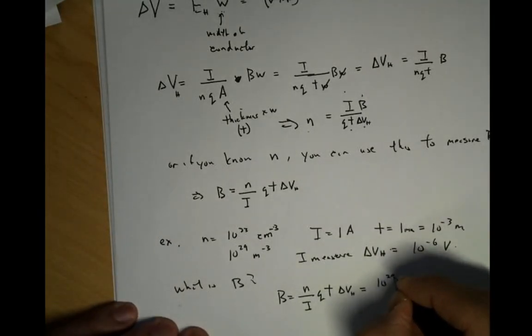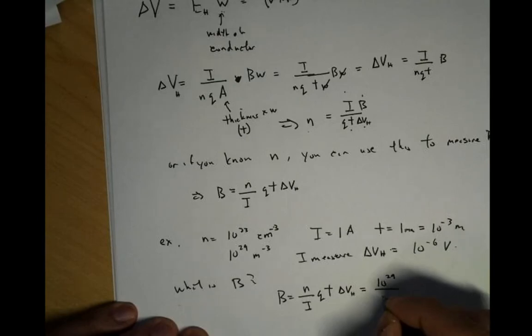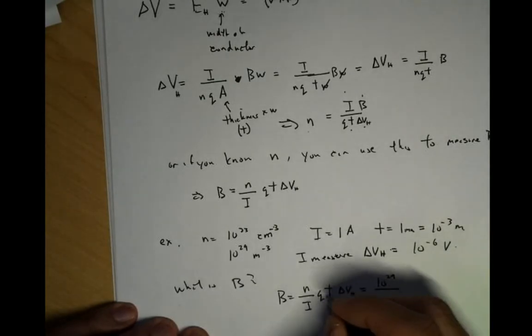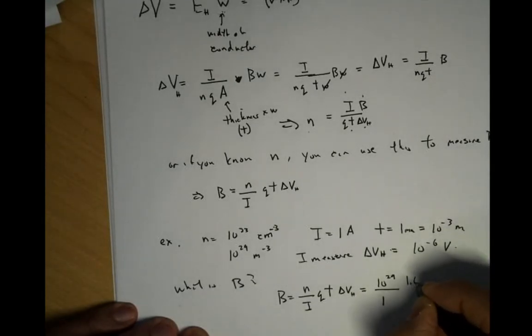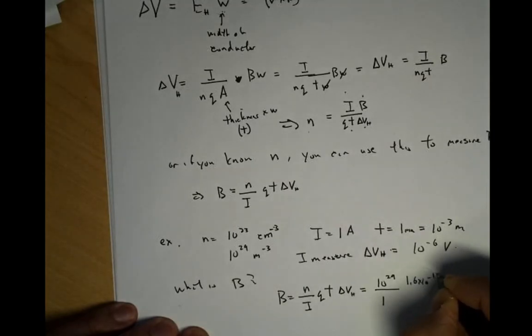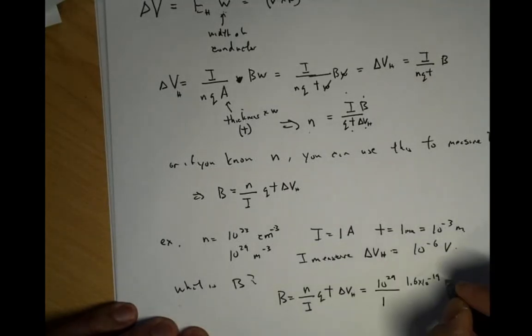That's 10 to the 29. Current is 1. The charge is our electrons, 1.6 times 10 to the minus 19. The T is the thickness, 10 to the minus 3. And the V_H is 10 to the minus 6 volts.